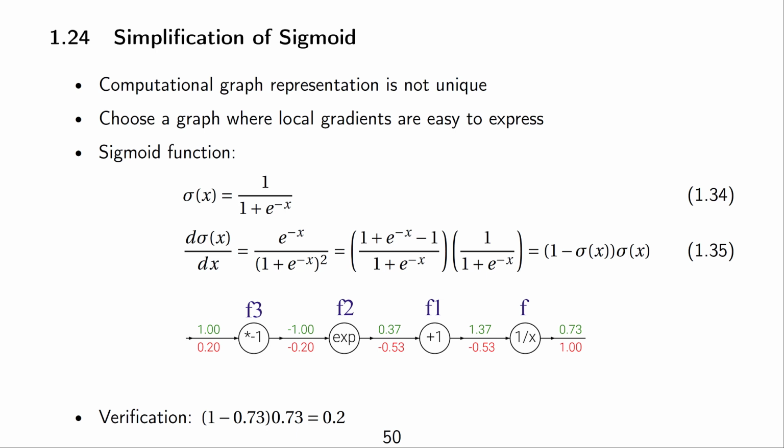So we have, in some sense, the incentive to combine as much as possible, as long as we can still nicely compute the derivatives.